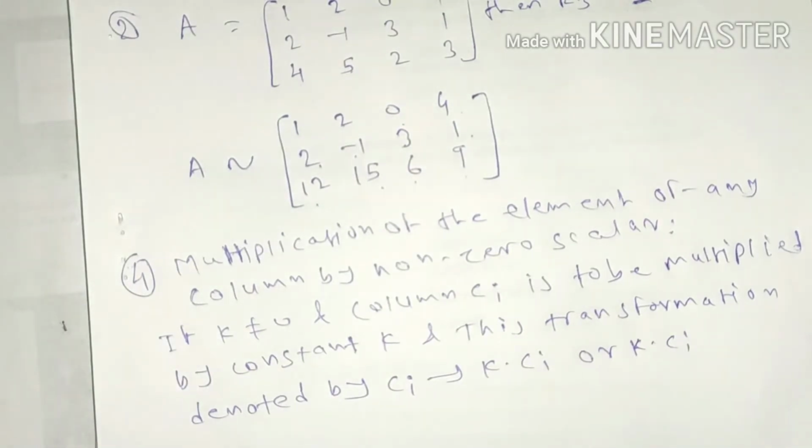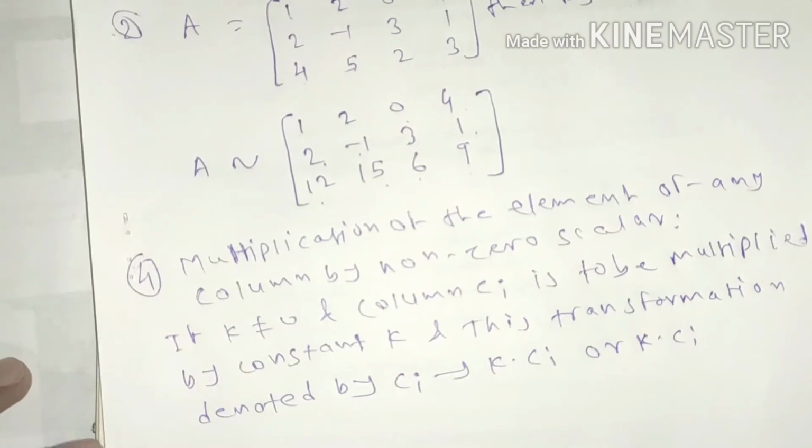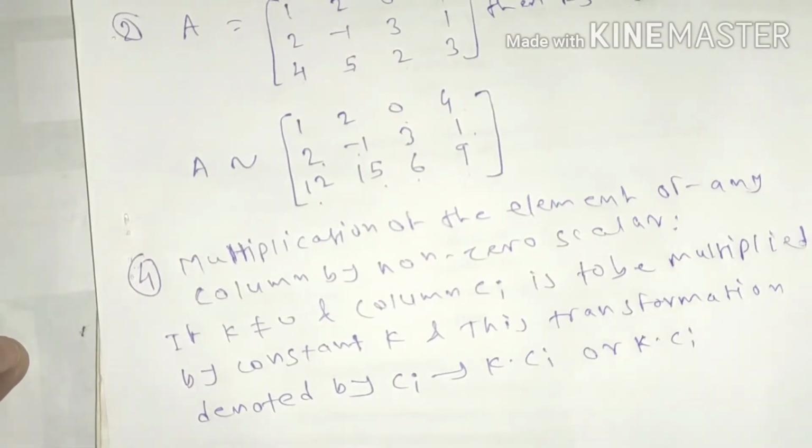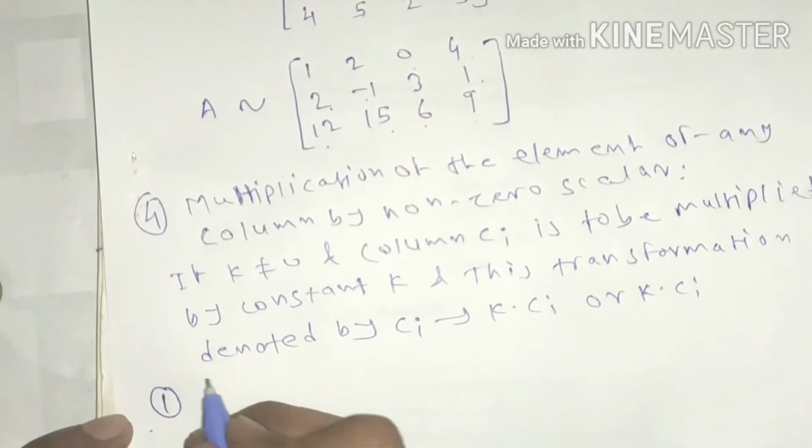So in this transformation we multiply every element of the ith column by constant k. The remaining columns are the same. Let us see an example.